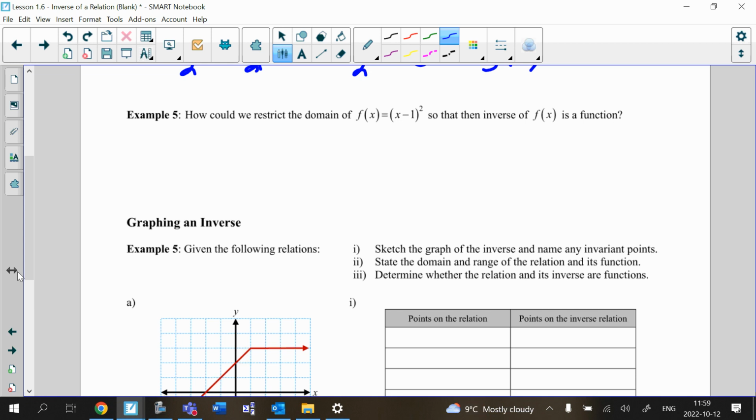Where's the vertex of x squared, the most basic one? 0, 0. But this one tells me to go to the right one. And that's 1.